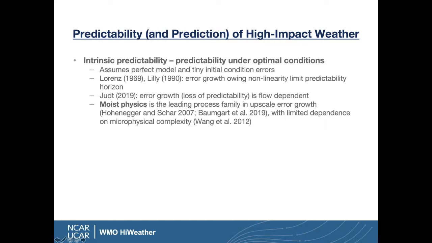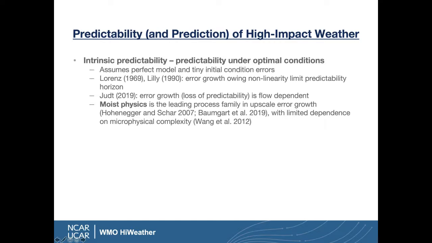And when we think of predictability, we can break it down into two components. The first component is known as intrinsic predictability. In that sense, what we're really looking at is the extent to which tiny errors in the initial conditions of a forecast will grow during the forecast integration and lead to divergence in the forecast solutions.